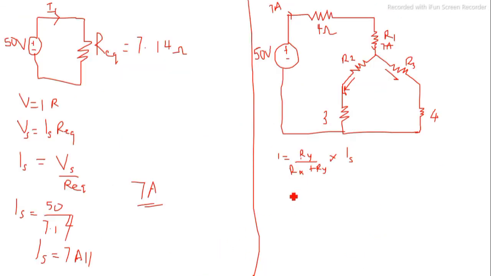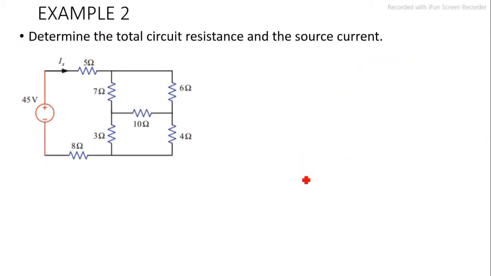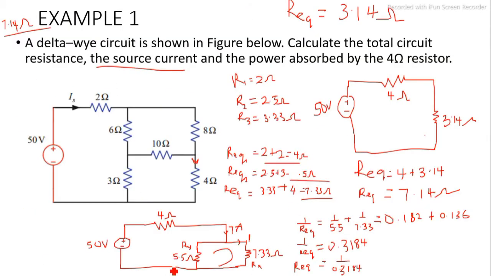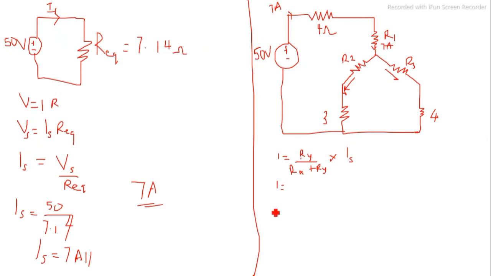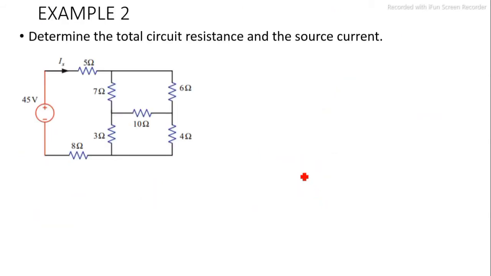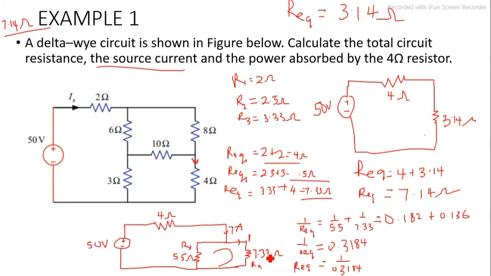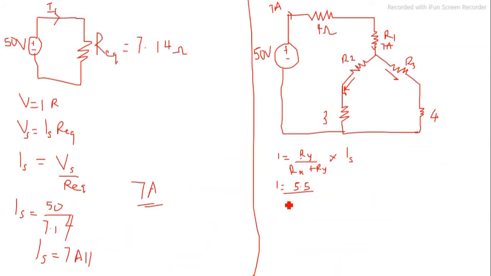That means the current I flowing there. Now, what's the Ry? Your Ry is 5.5, divided by what's the Rs? Your Rs is 7.33, plus what's the Ry?